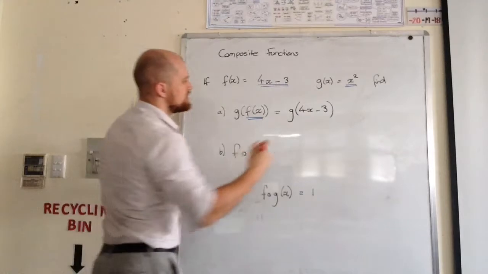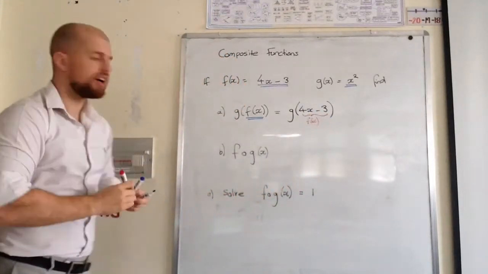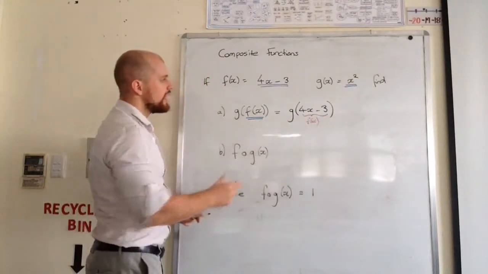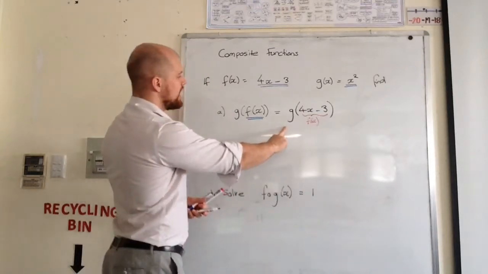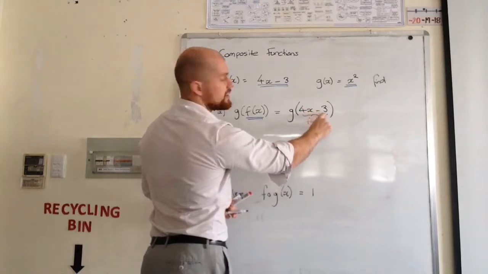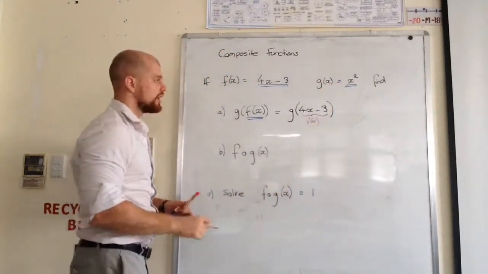So this here is just f of x. You can see I haven't actually done anything. All I've done is rewritten f of x as this. Now, I apply f of x within g of x, i.e. my x goes to 4x minus 3. So I replace x with 4x minus 3.